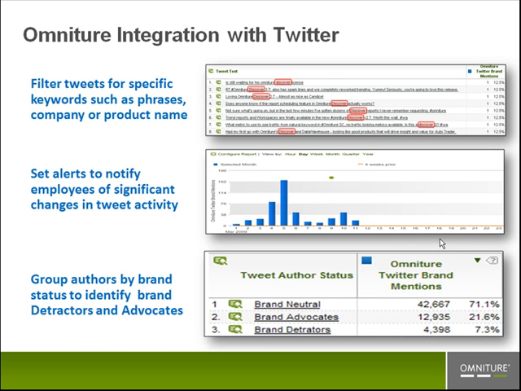We actually announced earlier this year an integration with Site Catalyst and Twitter, where we use the Twitter API to pull data into Site Catalyst, and marketers are using it to filter for specific keywords that they're monitoring. Also, setting up notifications that go automatically to different stakeholders within the organization.